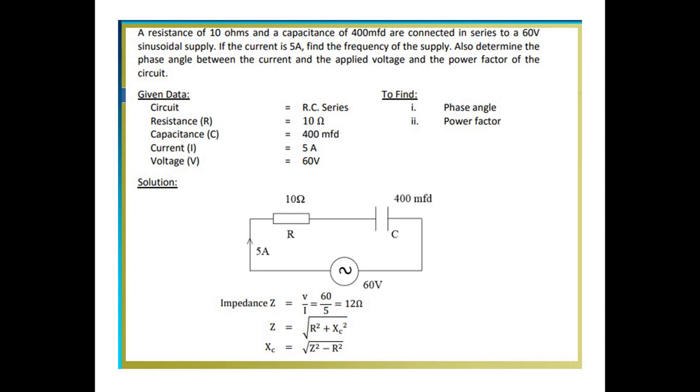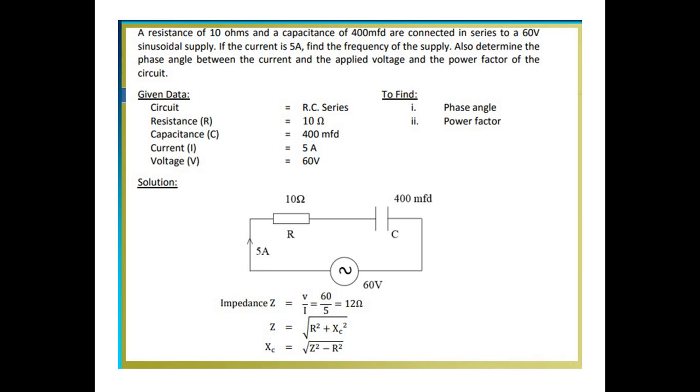First the circuit: R and C, R is equal to 10 ohm, C is equal to 400 microfarad, 400 into 10 to the minus 6, current I is equal to 5 amps, voltage 60 volt. To find the frequency, phase angle and power factor.